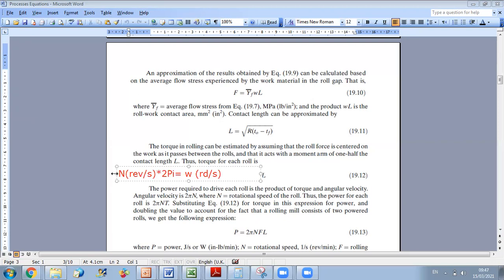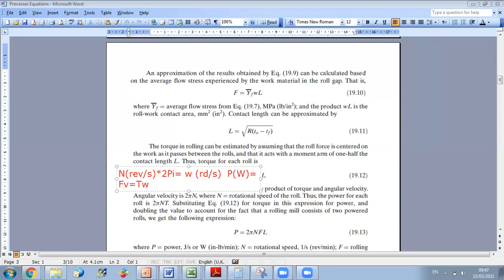Okay, and we know that the power, what is the unit of power? Power is in watt. Okay, to calculate power, you do force times linear velocity, F times V, or it is torque times omega.